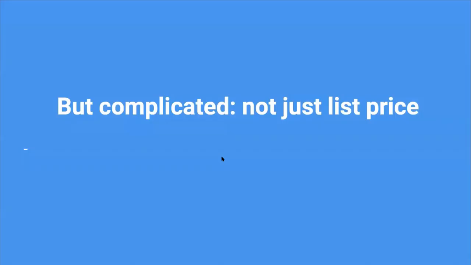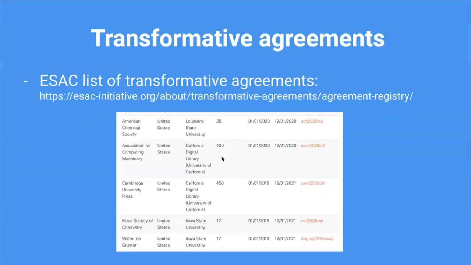But beyond the list price, it gets even more complicated. So transformative agreements, as you might know, these are agreements, sometimes called read and publish agreements, that can give researchers a different price on open access, either now or in the future.